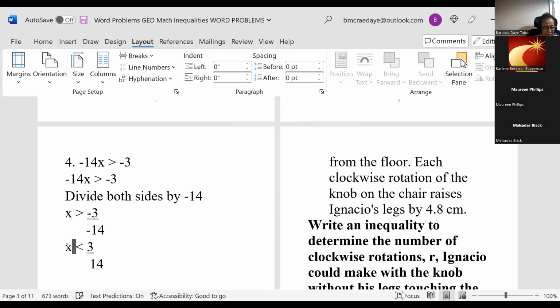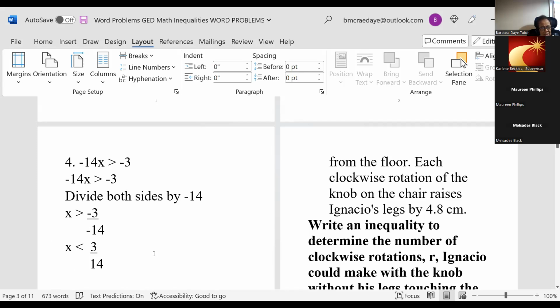Why do you care about the 14? What's the problem, Mercedes? Oh, because 3 is a negative. What's negative over negative? Like signs divide or multiply to give you a plus. So minus over minus gives you plus.